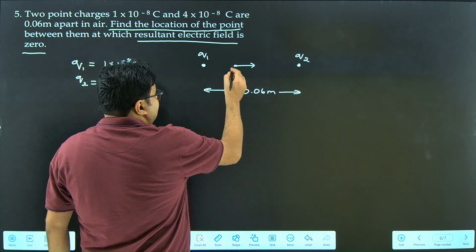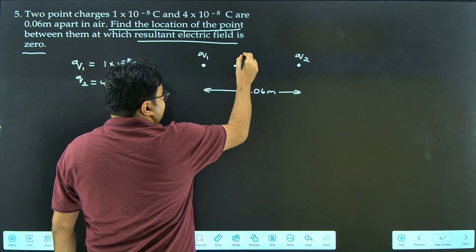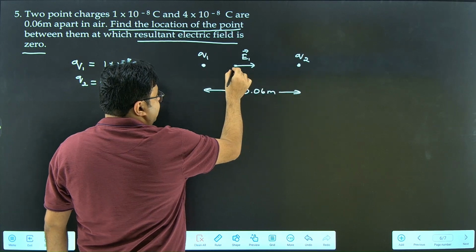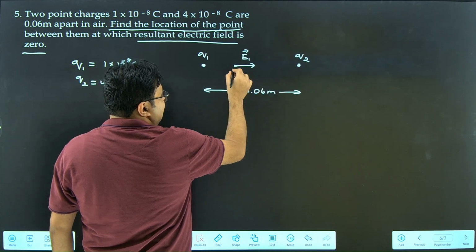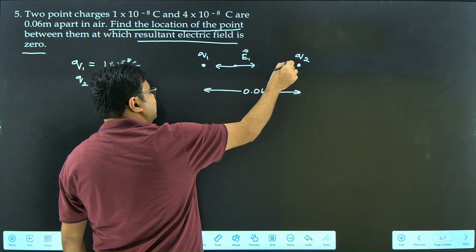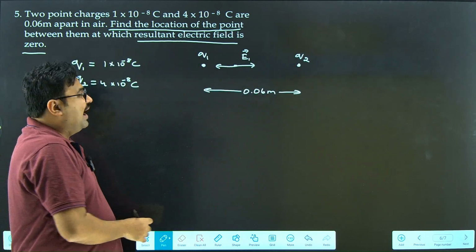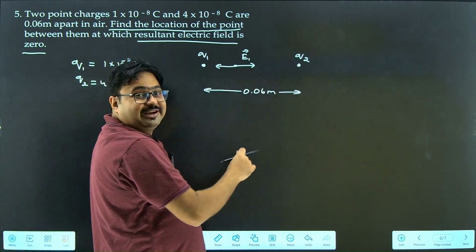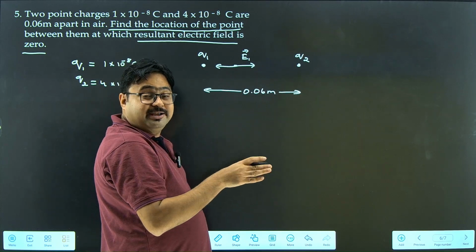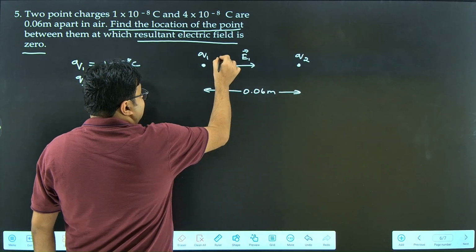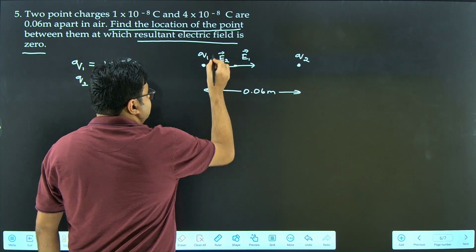Now, Q1 has produced an electric field E1, and Q2 also has produced an electric field at the same point, but that electric field is going to be away from that point charge because that's also positive. Had it been negative, then the direction of electric field would be at any point in the direction of the point charge. Now let me call that electric field E2, right?